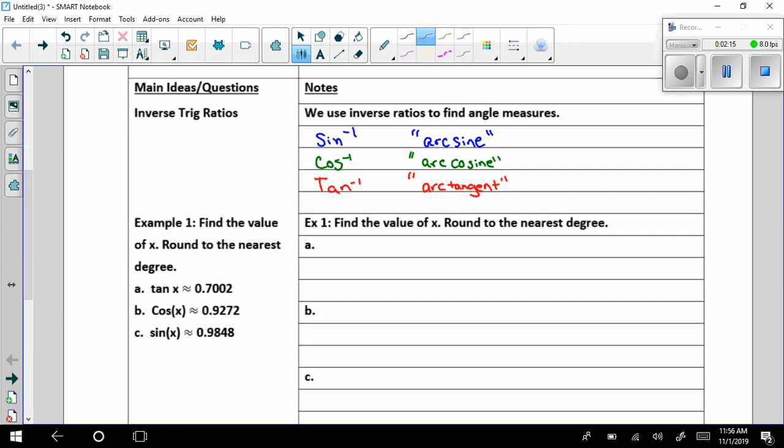Okay. So mathematically, a lot of it is the same, as far as you do a lot of ratios and calculator work. So for example, if we have the tangent of x is approximately 0.7002, we're going to round all these to the nearest degree most of the time, sometimes tenth, but most of the time when we're talking about angles in a triangle, we'll just round to a degree.